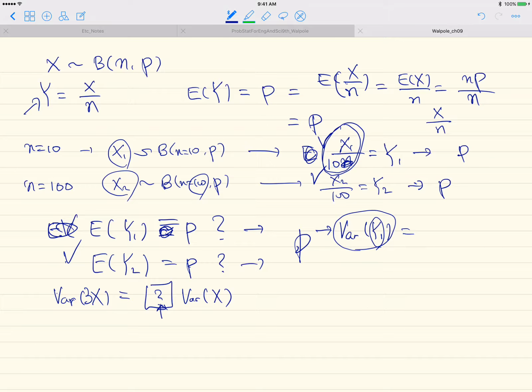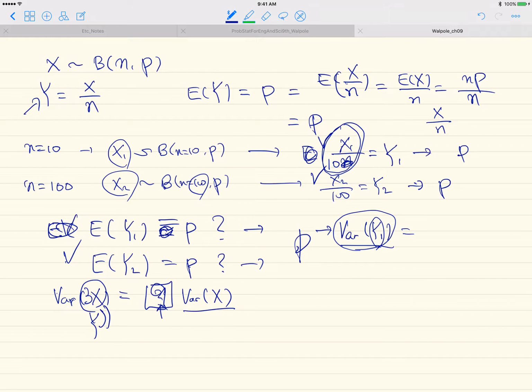When considering the new random variable 3x, what would be the variance of this 3x, in terms of the variance of the original random variable x? It's 9, right? It's 9.